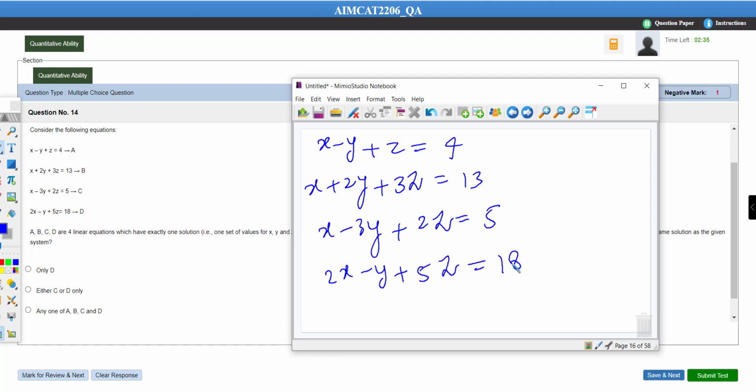Okay, so yes, what we can see is if we add these 2 equations, we will get the third equation. Okay, so equations B, C and D. If I do equation B plus C, then I will get equation D. Okay, so what does it mean? If we solve the last 3 equations together, we will not be getting the unique value.